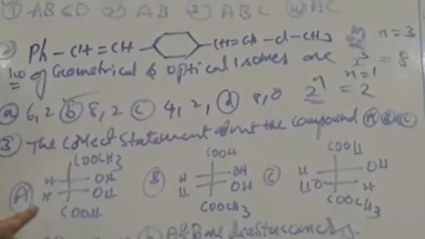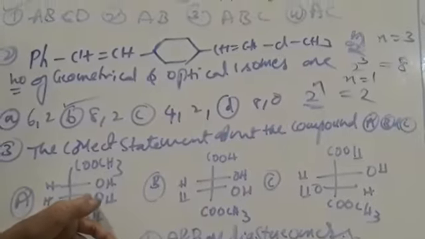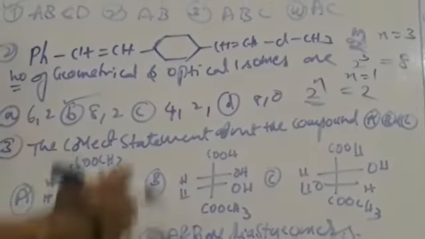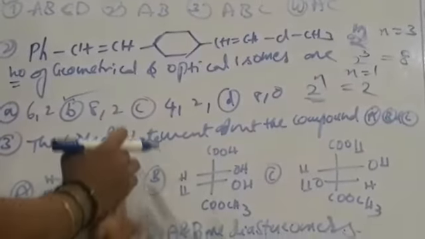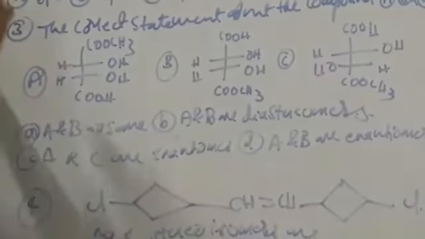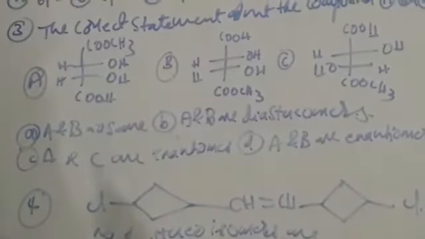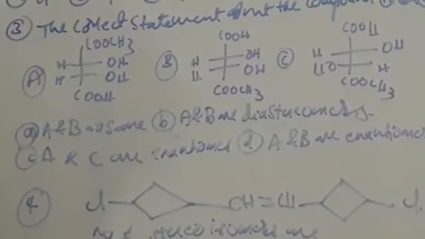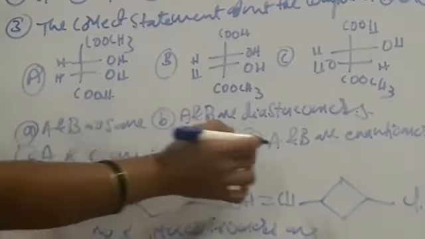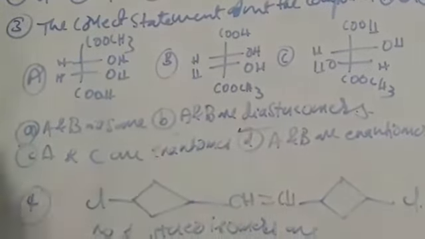This is the Fischer projection formula. You can write COOH at the upper side. If a mirror is there, its image is like B. A's image is B. A reflects with its image as B. So both are enantiomers.